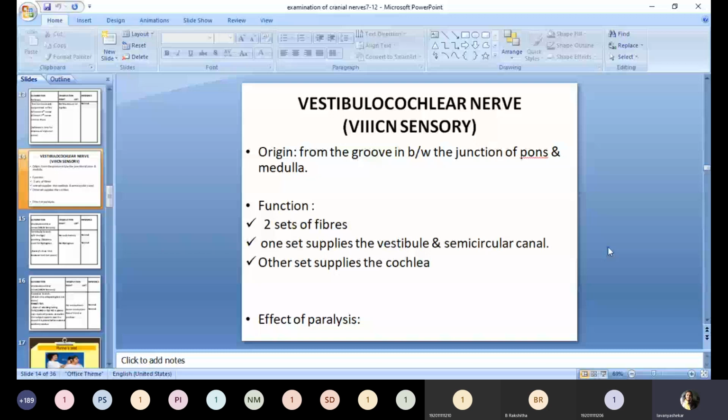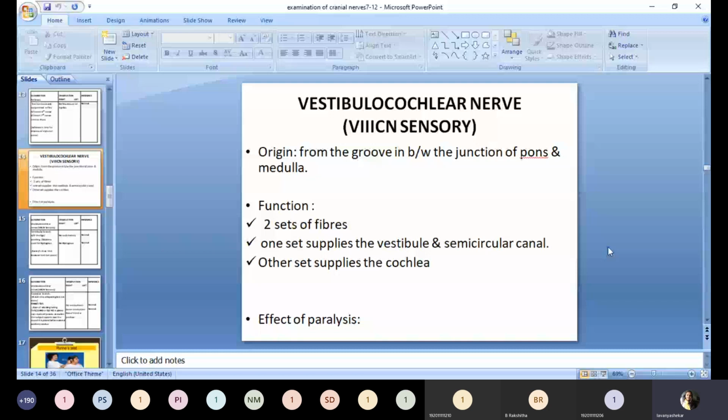Also you can see nystagmus, which is nothing but to and fro movement of the eyeball, usually involuntary. So damage to these fibers results in vertigo and nystagmus. If there is a lesion to the fibers which supplies the cochlea, there is loss of hearing sensation, probably on the affected side of the individual.